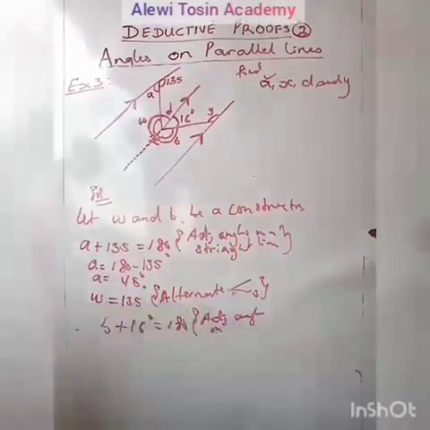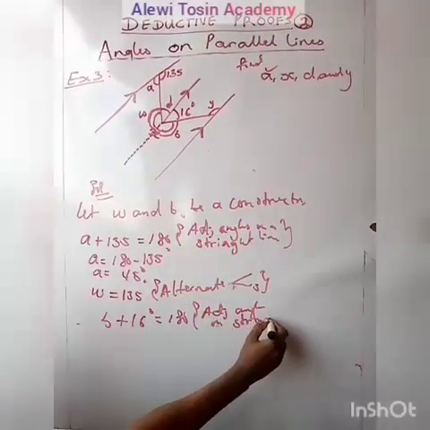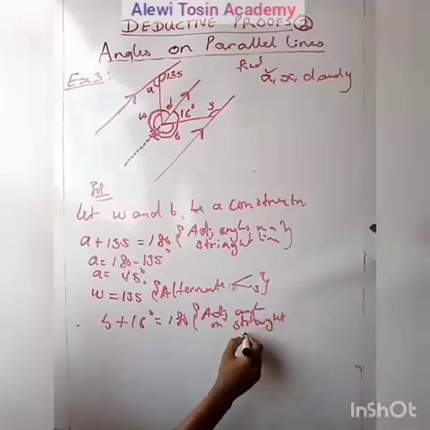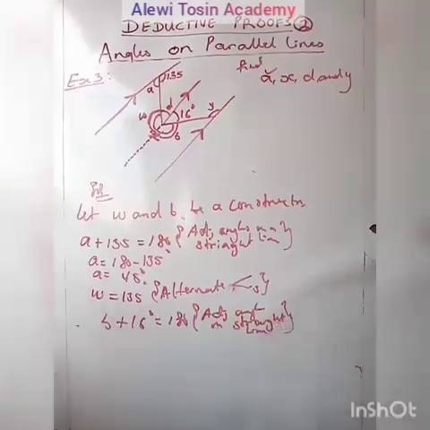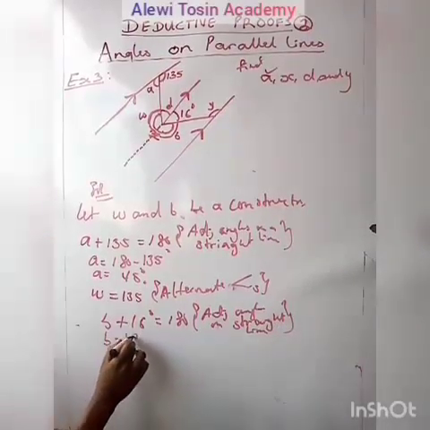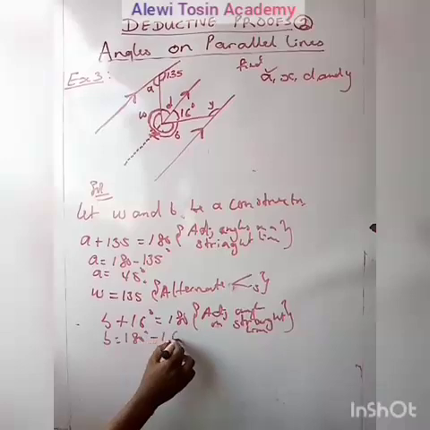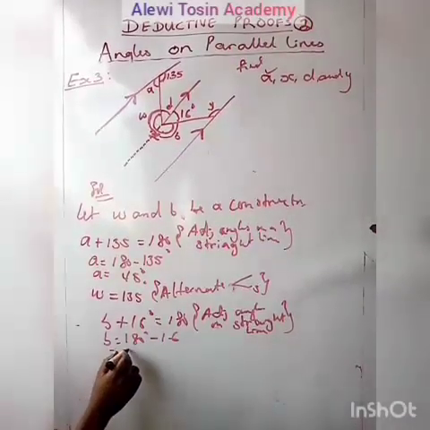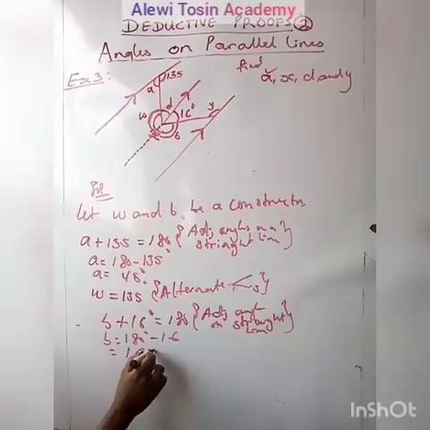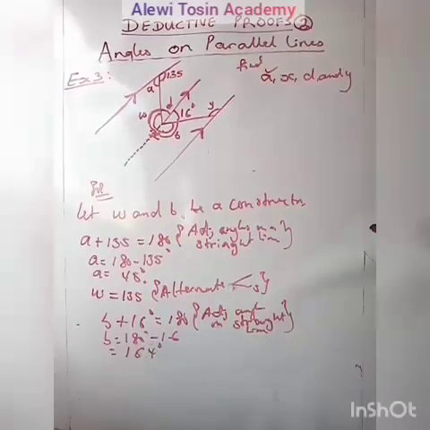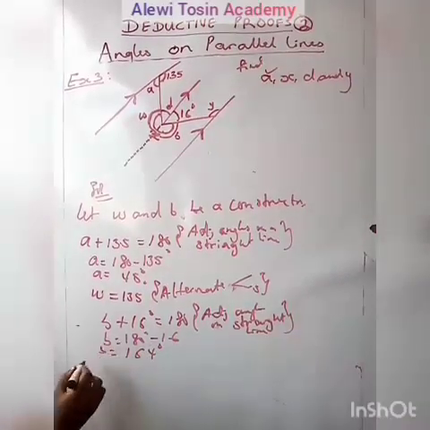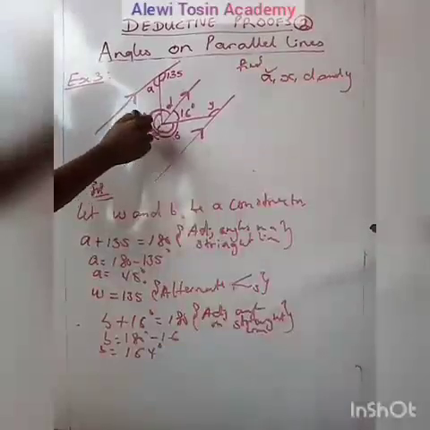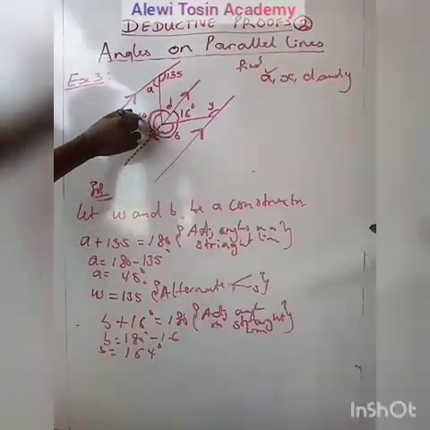Now, B is equal to 180 degrees minus 16. So our B here will be 164 degrees.